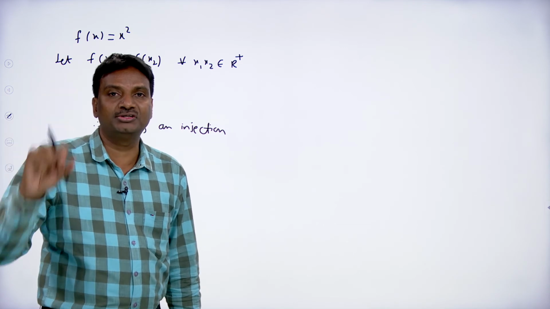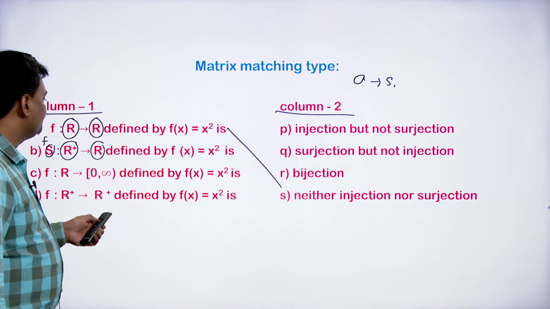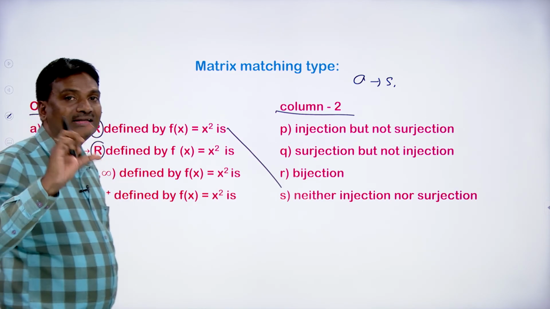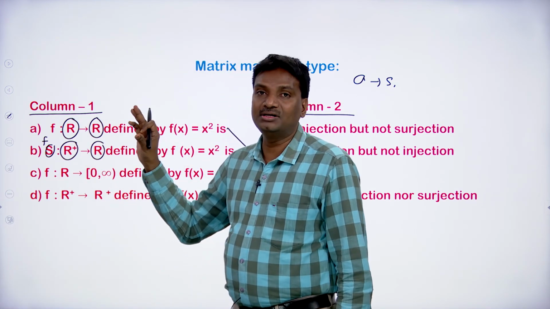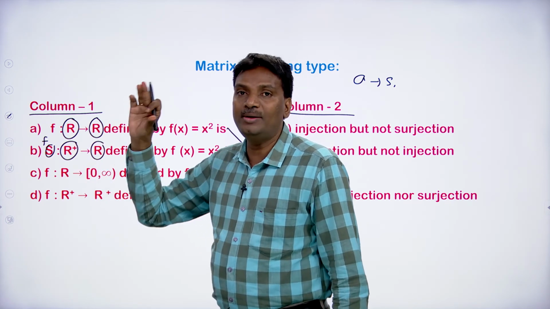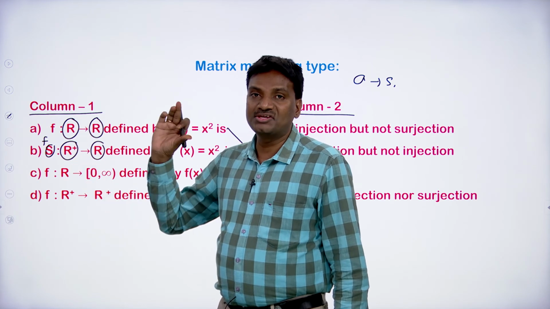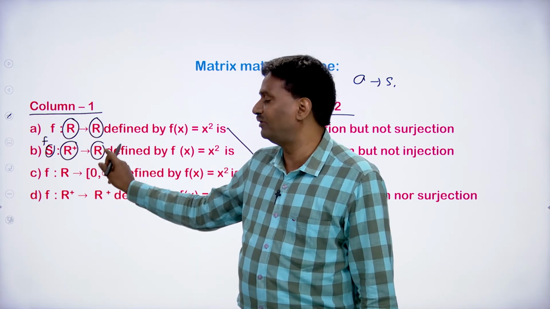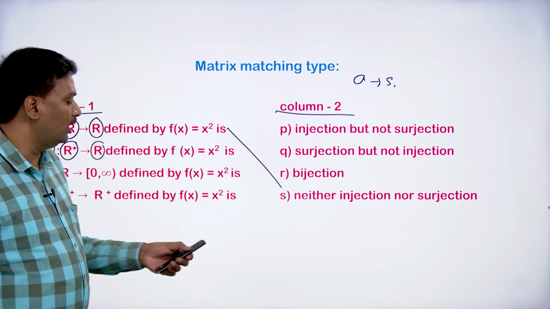But according to the problem, the codomain is all real numbers, including negative real numbers, 0 and positive real numbers. For all positive real numbers in the domain, we get positive real numbers only. So that's why range and codomain are not equal.